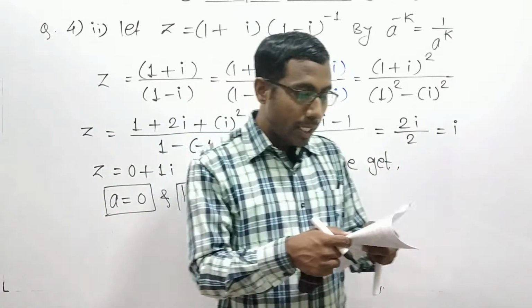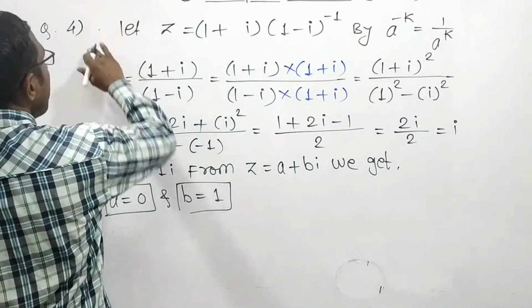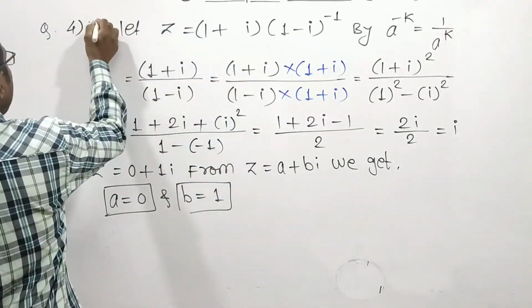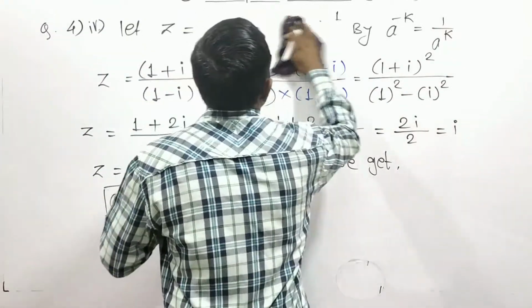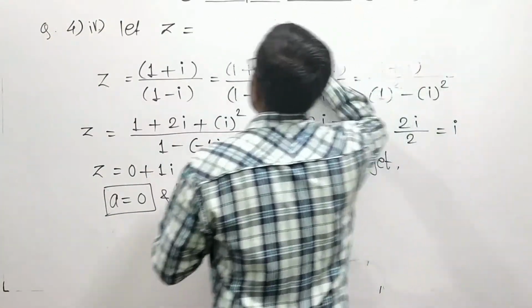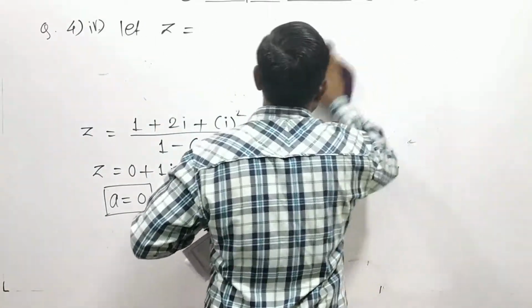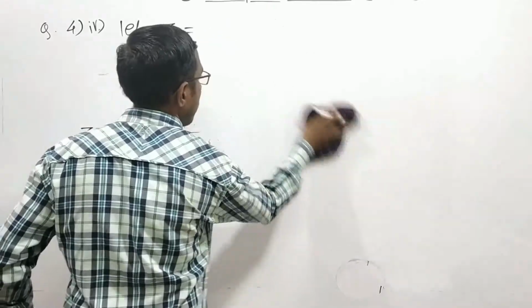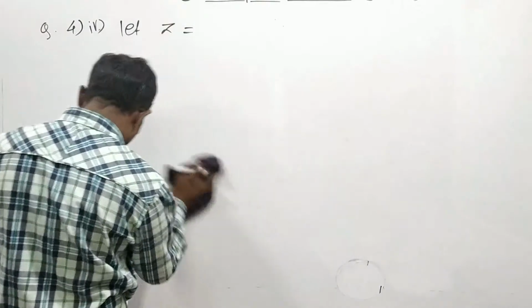Now let's see the fourth bit. The third bit will be for your homework from this question. Now the fourth question, bit number 4. So z is equal to, what is that fourth bit?